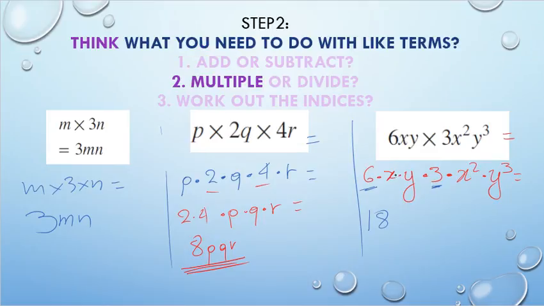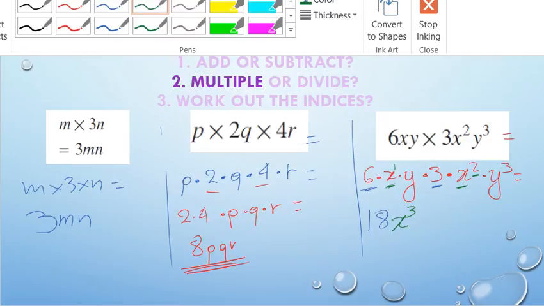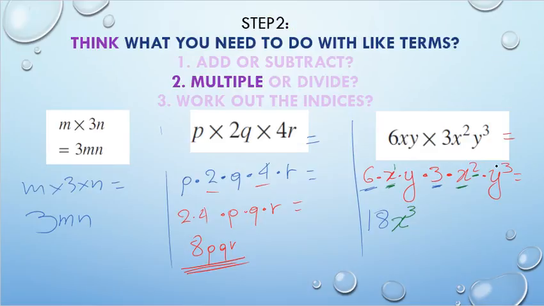So I have to multiply this and this. Remember the indices laws? When I multiply, I just add the indices. This is 2 and this is 1. So I write here x to the power of 3. And last but not least, I have y times y. So I write y to the power of 3 plus 1, to the power of 4.